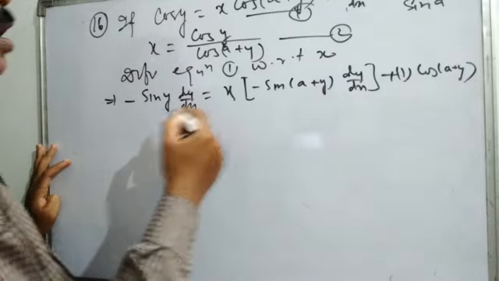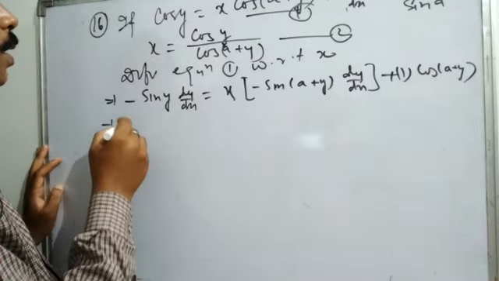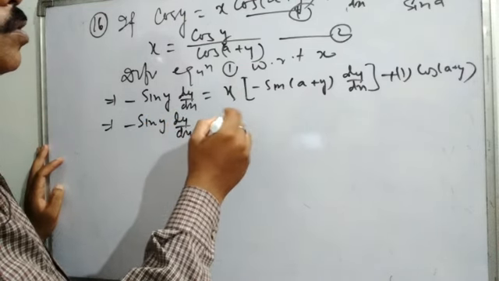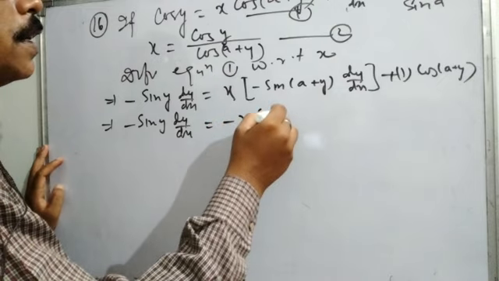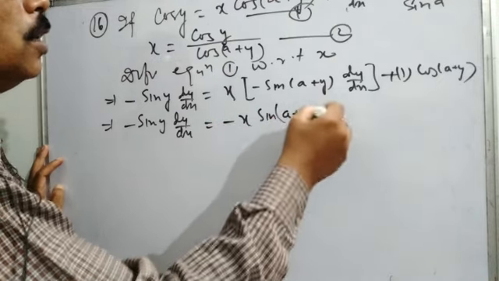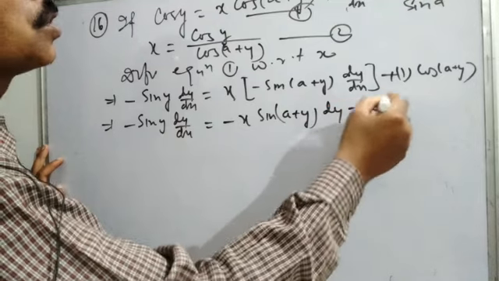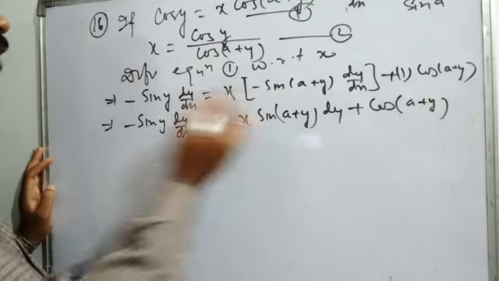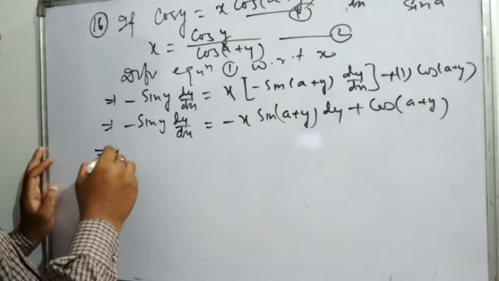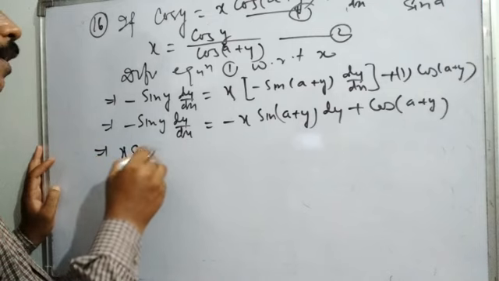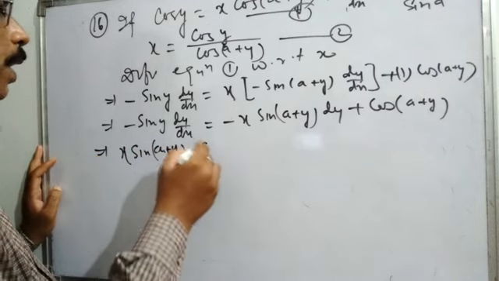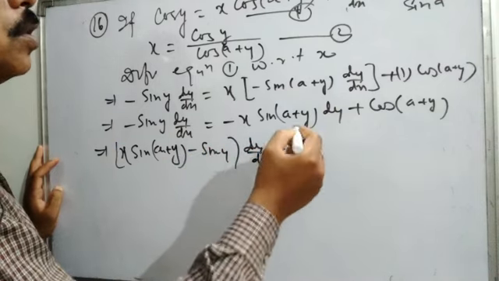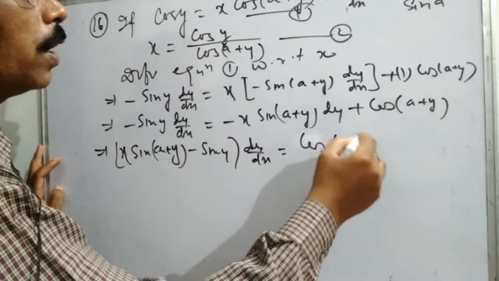Okay, so now solve it. Minus sin y dy/dx is equal to minus x sin(a plus y) dy/dx plus cos(a plus y). So now this term, take this side, it will be plus, then x sin(a plus y) minus sin y, dy/dx is equal to cos(a plus y).